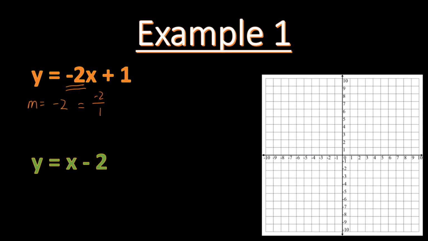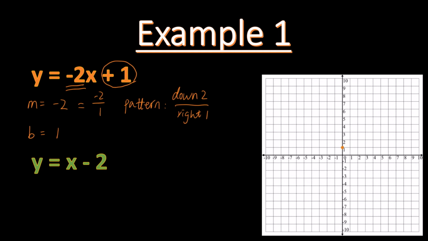Based on this fraction, we are able to tell the pattern of this line, which is down 2, right 1. And then we can write the y-intercept, which is whatever after the x. So b equals 1. When we graph the equation, we always start from the b, so we find the point 1 on the y-axis.